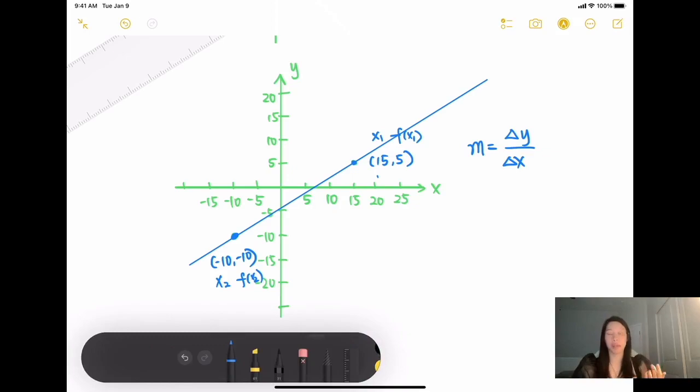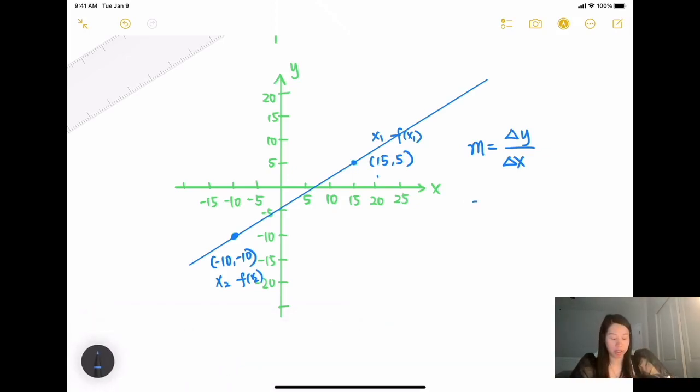Let's consider this a review because I believe you have already done lots of slope exercises before. So f(x1) minus f(x2) over x1 minus x2. So f(x1) equals 5 minus f(x2), -10.